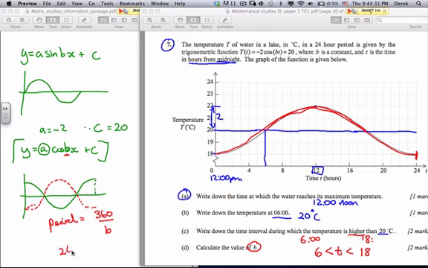So 24 is equal to 360 over B. We're just going to cross multiply that. So B is going to equal 360 divided by 24. And when we divide that, we get 15. I think the answer for that is 15.